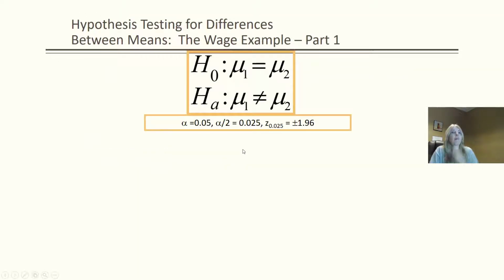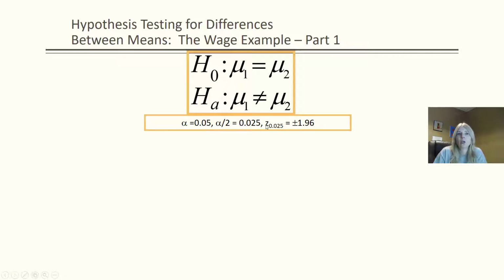So if I had a problem where I wanted to test the difference between 2 wages, in other words, I'm going to say wage 1 and wage 2, they're the same. There's no difference. And I'm going to test this with an alpha, a critical value of 0.05.